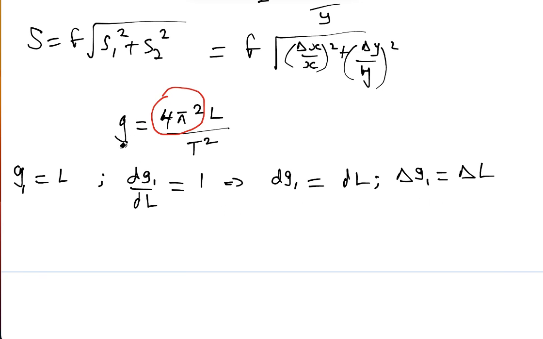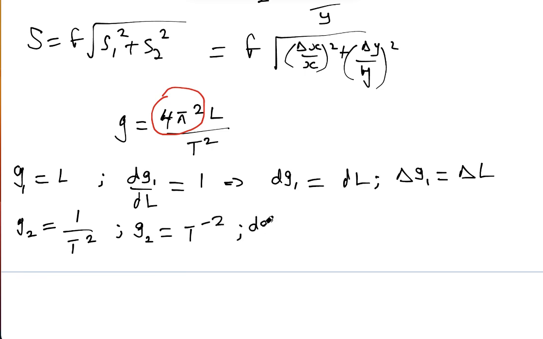The next thing you want to do is find G2. Now G2 will depend only on the period, and you will ignore everything about L. As you can see, it's at the denominator, and I can't just write over something, so I have to put 1 over the square of the period. From what we have been learning so far, G2 can now be written as t raised to power negative 2.